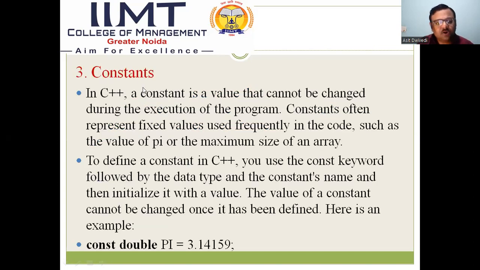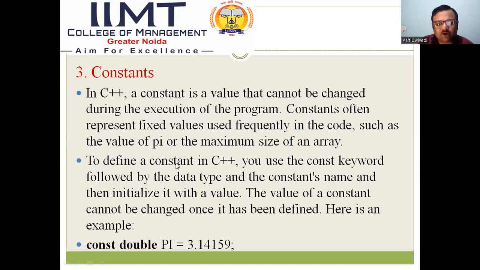Now next is constants. In C++, a constant is a value that cannot be changed during the execution of the program. Constants often represent fixed values used frequently in the code, such as the value of pi or the maximum size of an array.